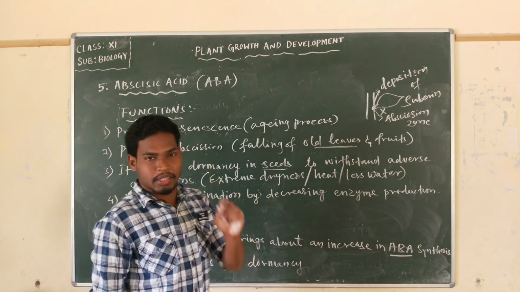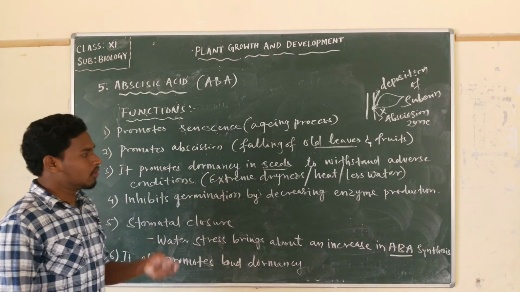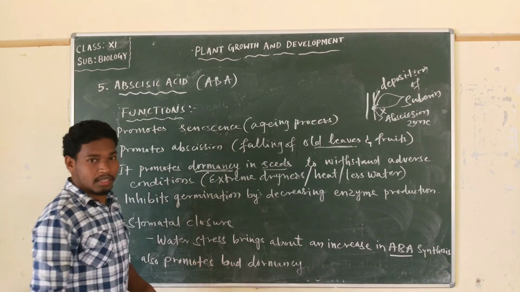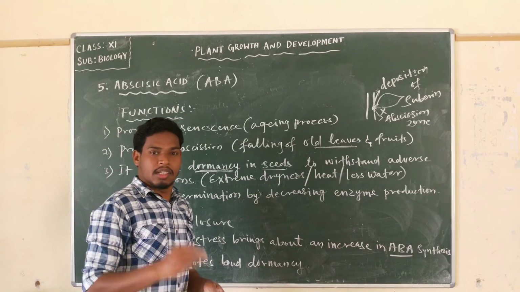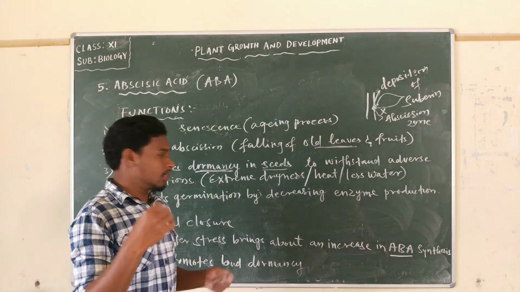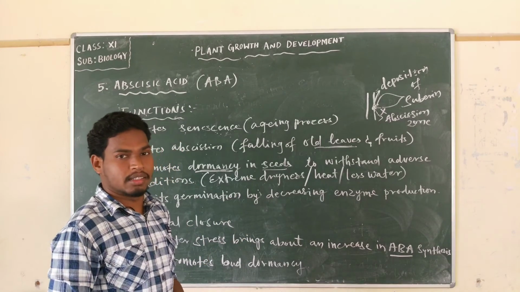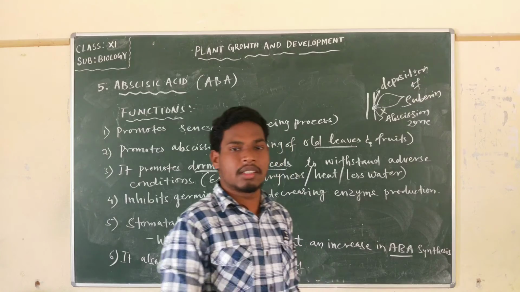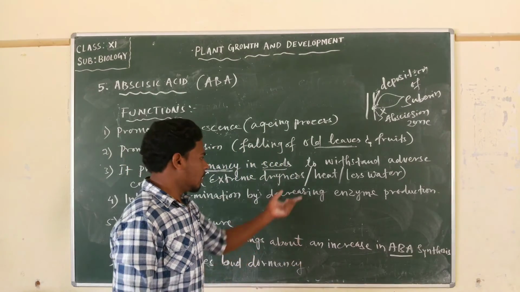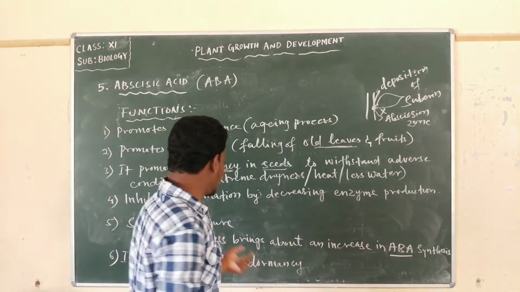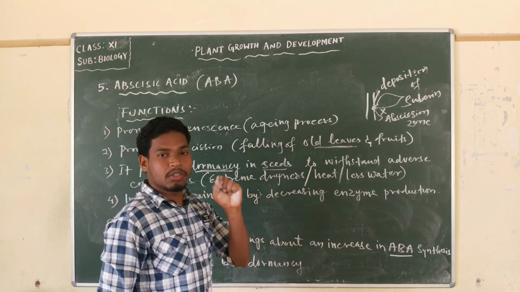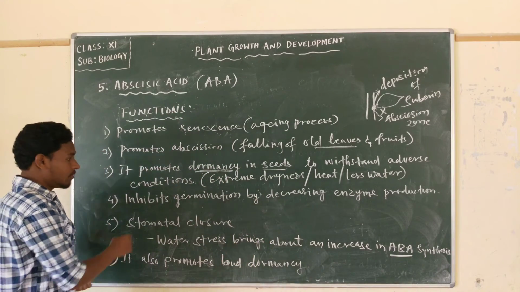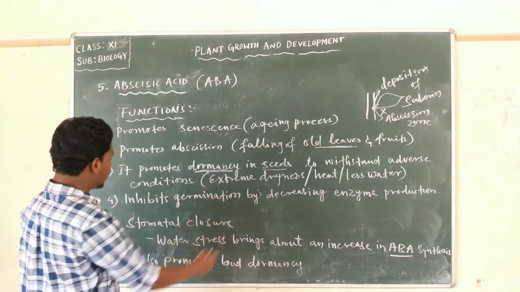In such extreme conditions, the seed is going to become dormant by the action of abscisic acid. Why dormancy? It can become an inert condition. Whenever there are favorable conditions, this seed is going to germinate. If there are adverse conditions, then the seed is going to become dormant by the action of abscisic acid. If it finds favorable conditions, it can germinate.